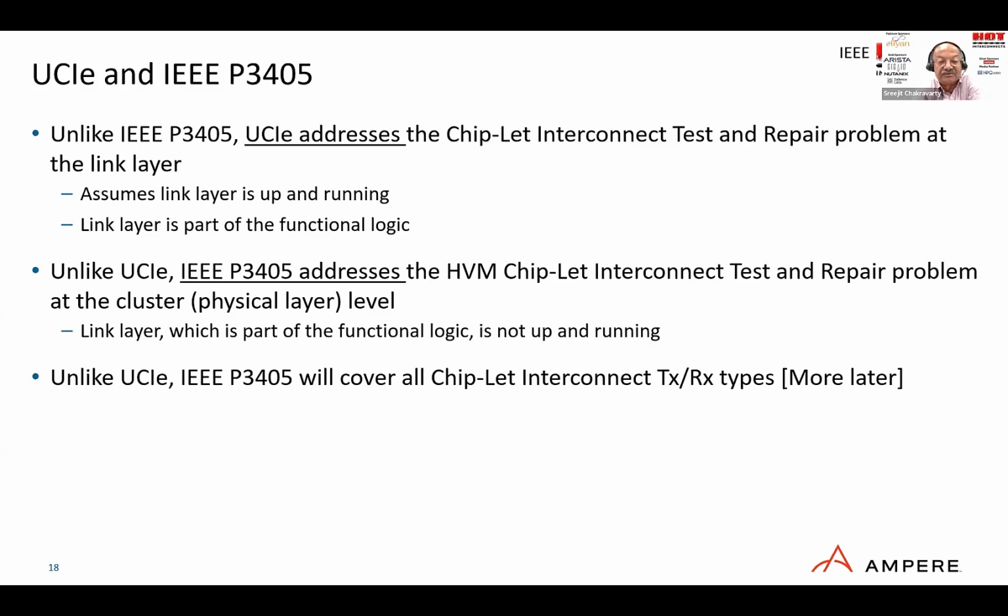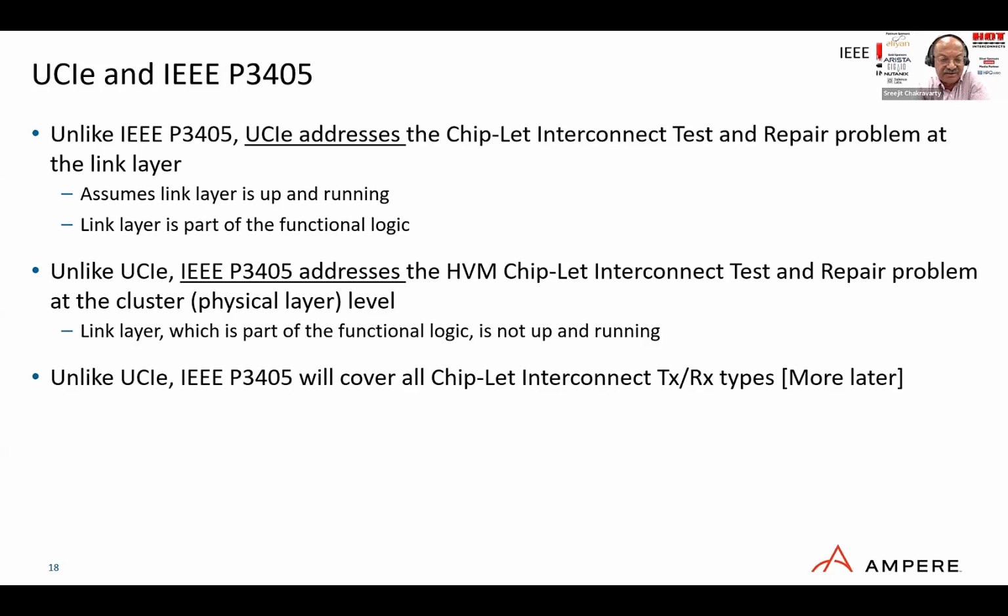So in our case, we cannot use this because we are assuming that the functional logic is not operational. Just to stress the point, unlike UCIe, the IEEE P3405 addresses the interconnect test and repair problem at the physical layer, and we assume none of the functional logic is up and running.